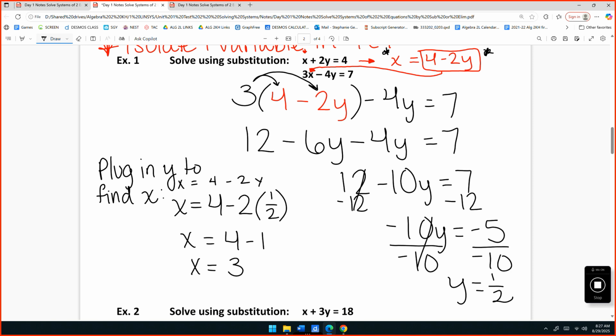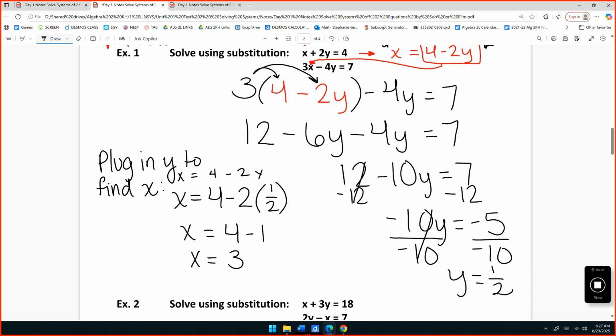All right. Now we have to write our answer, just like we did before. This is a coordinate point, so the solution goes in a solution set. The point, x comma y, is 3 comma 1/2. That is our solution.